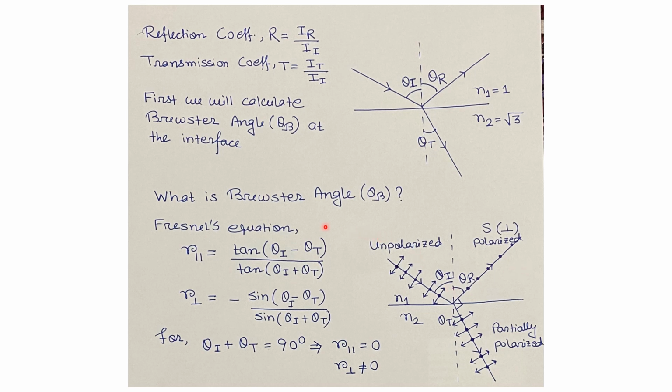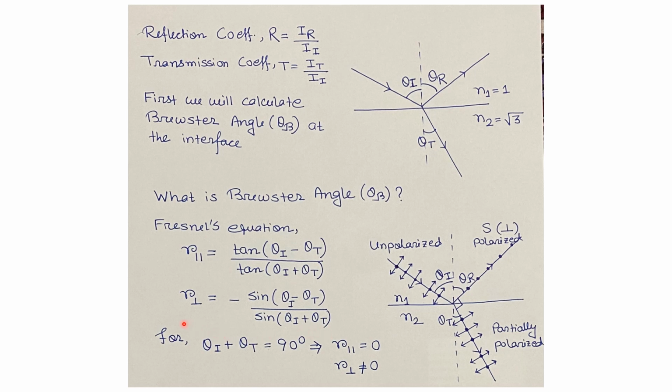According to Fresnel's equations, the reflection coefficient for the p polarized, that is the parallel component, is tan of (theta I minus theta t) divided by tan of (theta I plus theta t), and the reflection coefficient for the S polarized light, that is the perpendicular electric field to the plane of incidence, is minus sine of (theta I minus theta t) divided by sine of (theta I plus theta t).